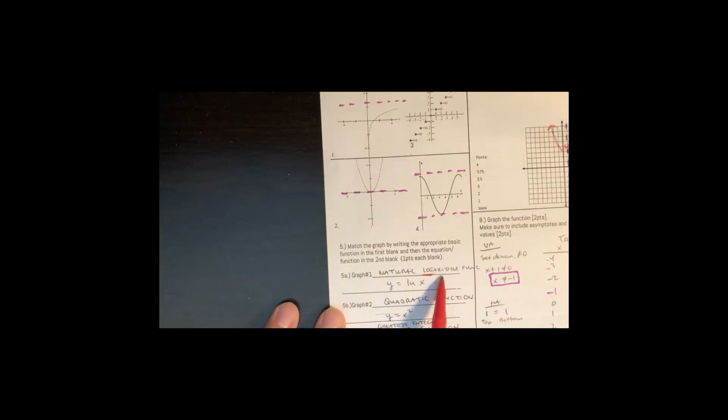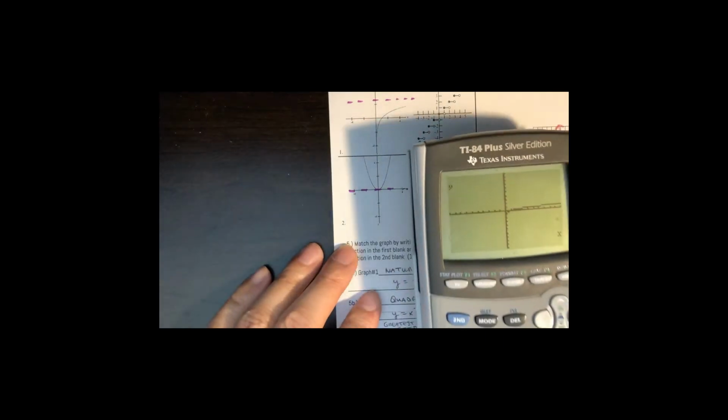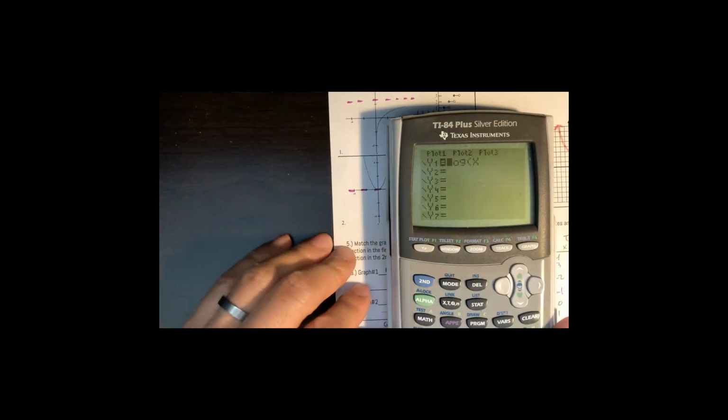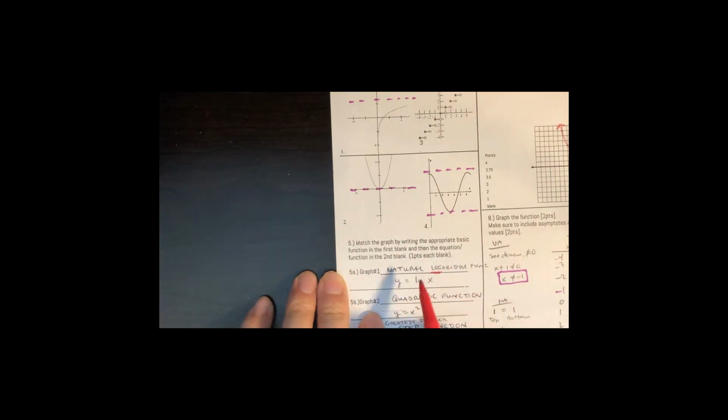If you wrote natural log, that would be acceptable, or if you put the log function, like I have there, I would give you that. The equation for the natural log function is y equals ln x.